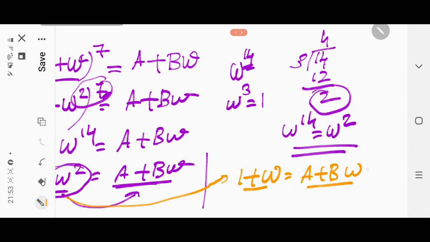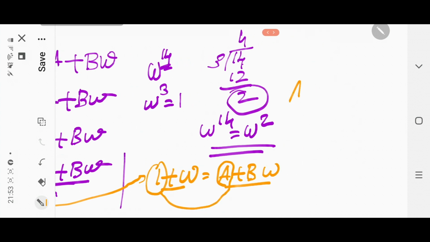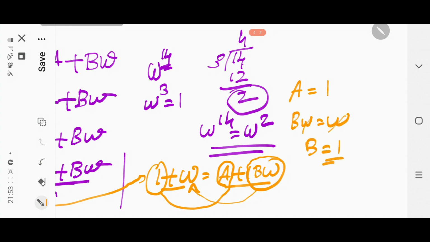As we compare the terms on the LHS and RHS, in the place of 1 it is A. Therefore you get the value of A as 1. In the place of B omega, B omega is equal to omega, and omega cancels, so B is equal to 1.